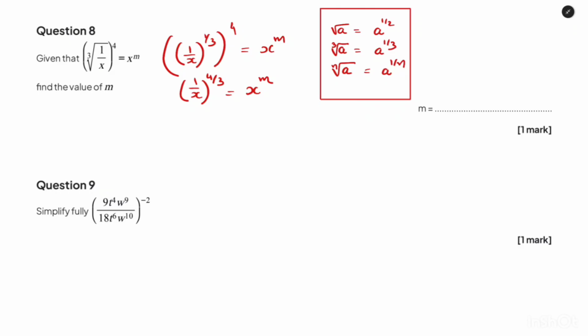Don't reciprocate the power. Again I am reminding you, don't reciprocate the power. So this is x raised to minus 4 by 3, the power became negative, is equal to x raised to m. Now both sides have a single term and the bases are the same, so directly equate the power. m is equal to minus 4 by 3. So this is your answer.